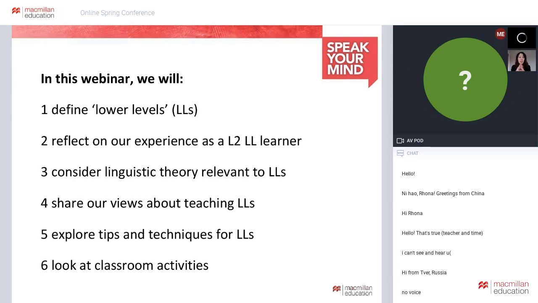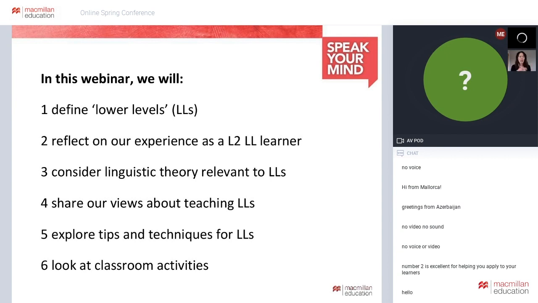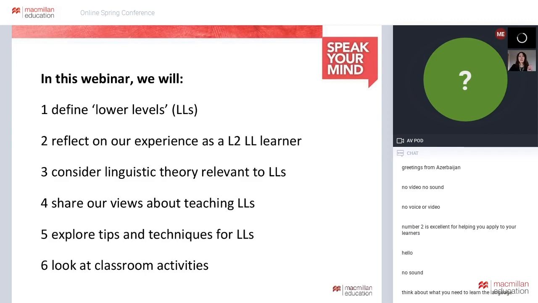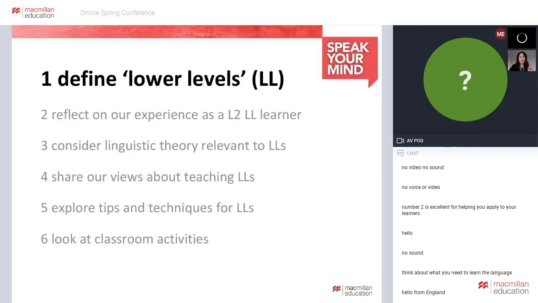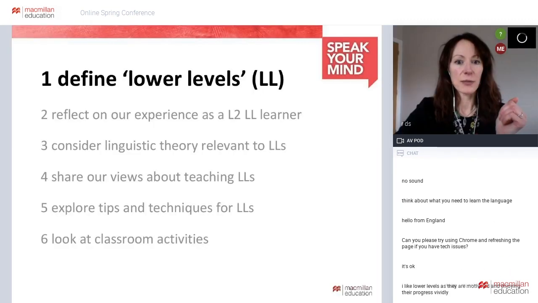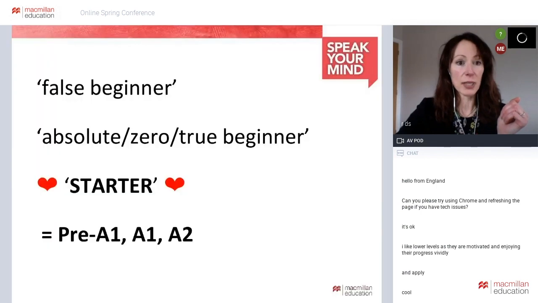We'll consider linguistic theory relevant to lower levels. We'll share our views about teaching lower levels. I think some of you have already said you're scared, but don't be, it's fine. And we'll then look at some tips and techniques for teaching lower levels, and some classroom activities that you can immediately use in the classroom. So let's look first of all at defining lower levels, our first point.